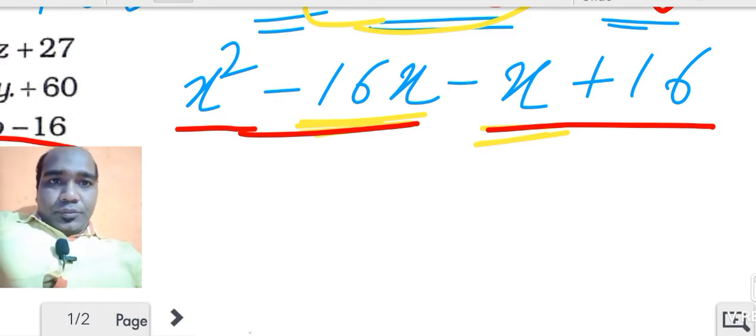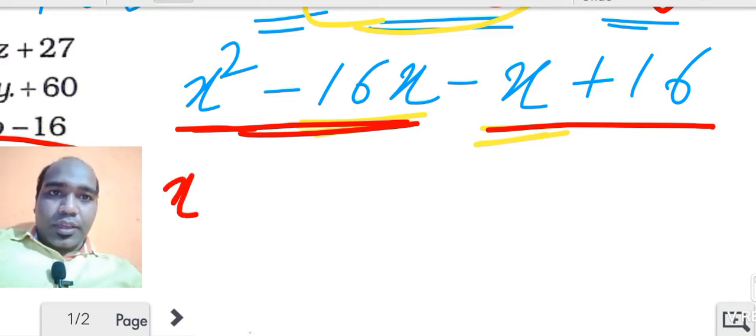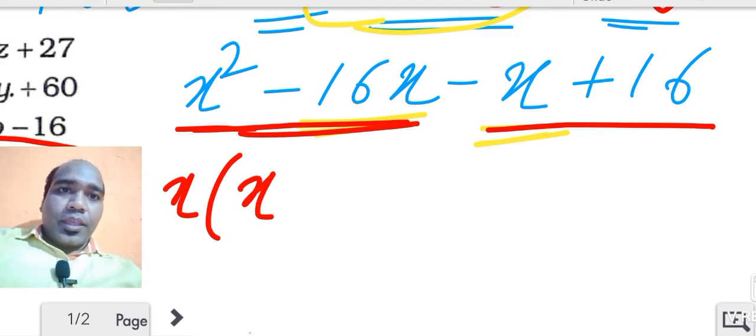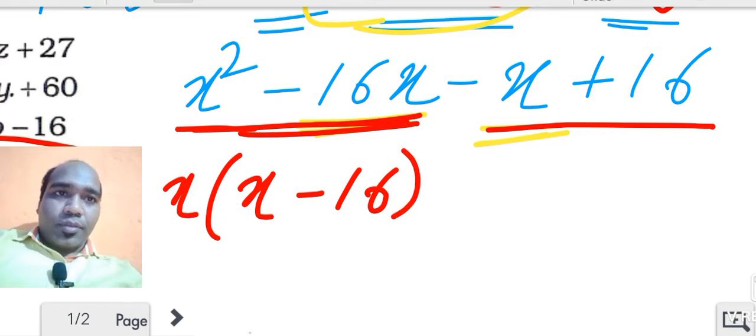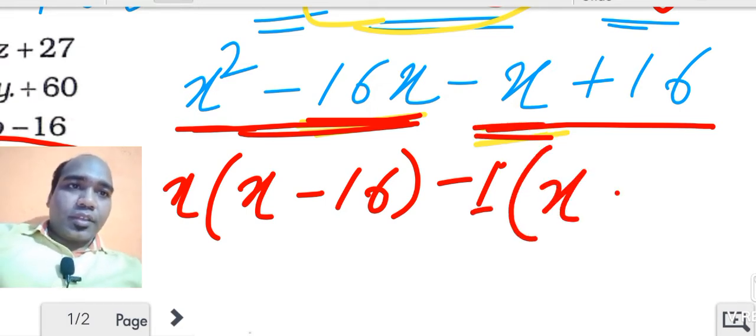Now this x square minus 16x, what can we take outside as common? So we'll take x as common. So x into x will get x square. Now x into minus 16 will get this minus 16x. Okay, now here we can take minus 1 as common. So minus 1 into x will get this minus x, and minus 1 into minus 16 will get plus 16.